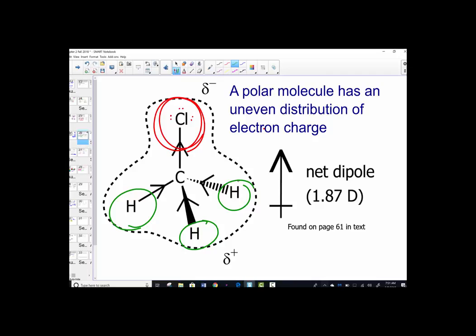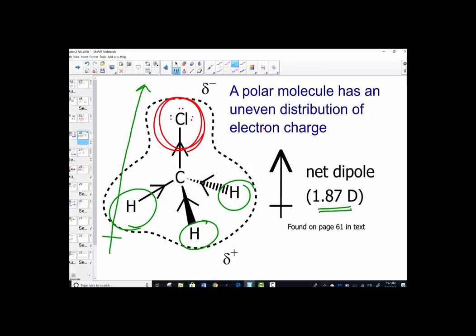So the entire molecule has the electrons being pulled to the most electronegative region towards the chlorine. So I can see that it's polar based on symmetry. Chlorine is more electronegative, pulling electrons. It will have a dipole moment.